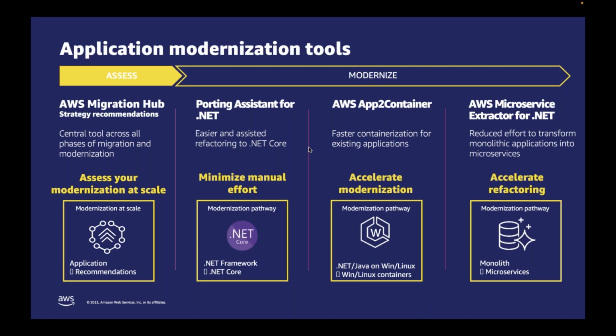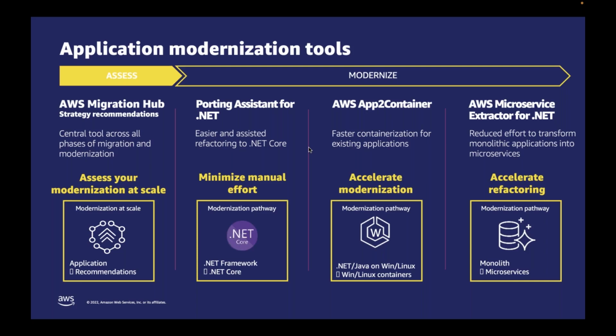So for example, for porting, we provide porting assistance for .NET, which accelerates your transition from .NET Framework to .NET Core to minimize the manual effort required there. This will basically allow you to run an existing .NET Framework application over on .NET Core so that you can run it on a Linux operating system.